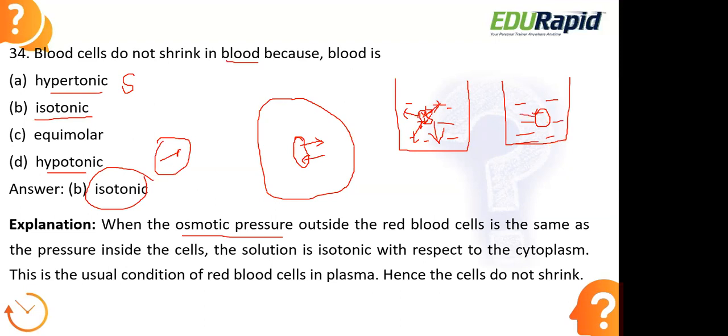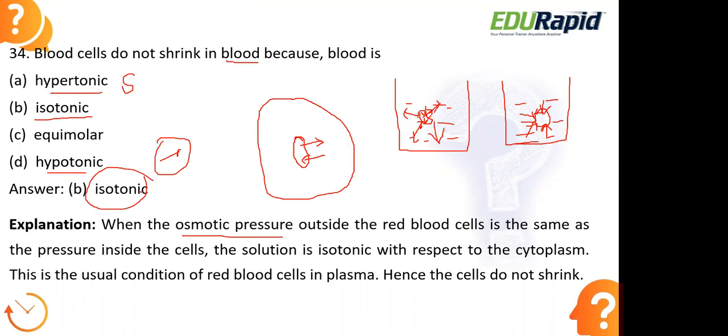So water molecules will tend to move inside the cell, because we know that water moves from higher concentration to lower concentration. It will move in this direction. So now the blood cell will fill with more and more water molecules. As more and more water molecules enter the cell, definitely the cell has to swell up, right? So that is what will happen in hypotonic solution. Since it is an isotonic solution, it remains the same. It will neither shrink nor swell.